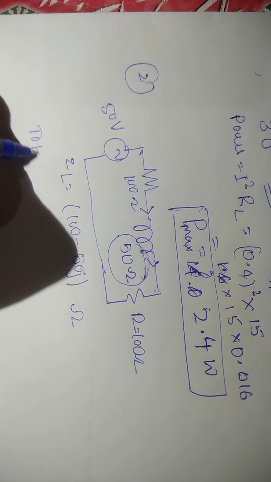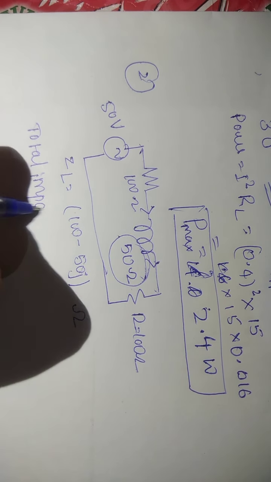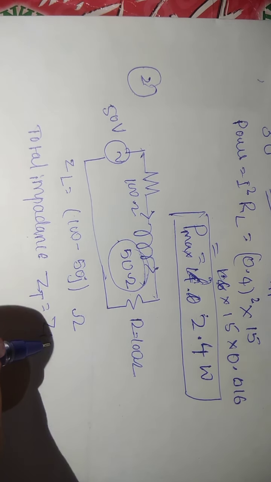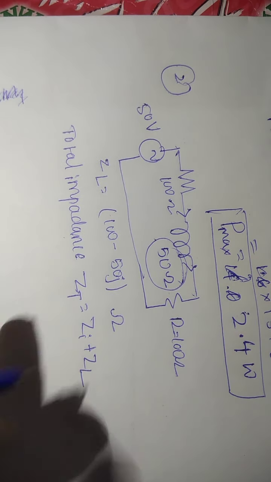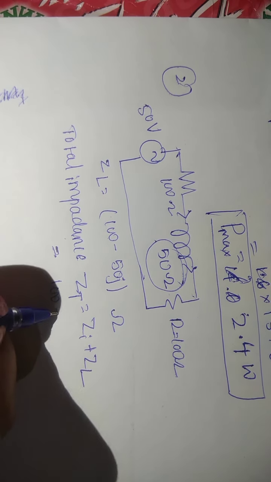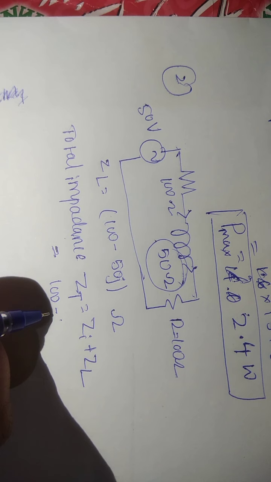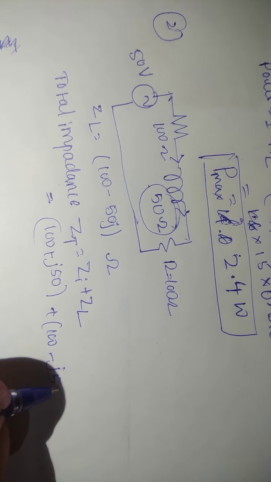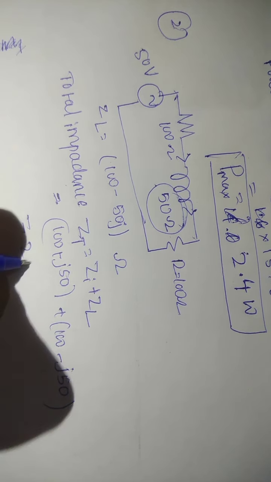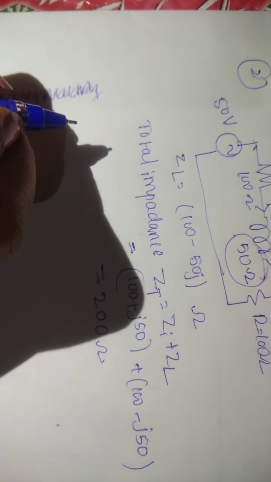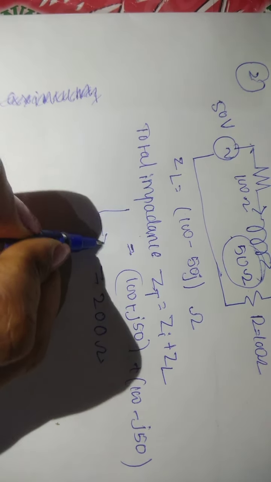Total impedance ZT equals ZI plus ZL. The internal impedance ZI is given as 100 plus j50, and ZL is 100 minus j50. Adding them, we get 200 ohm total impedance.